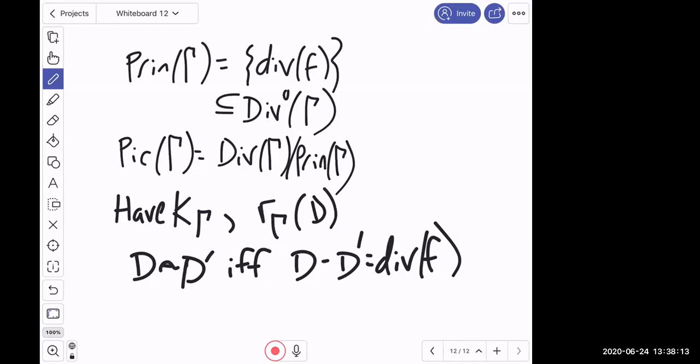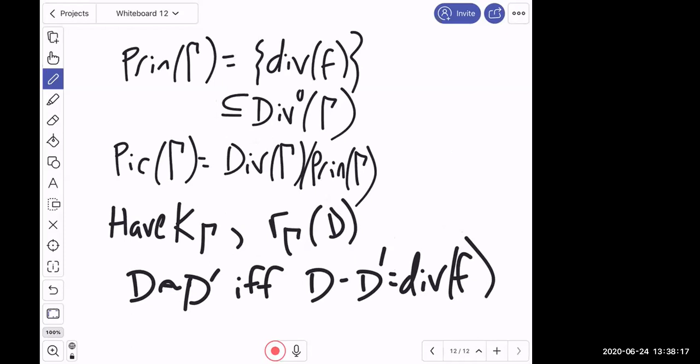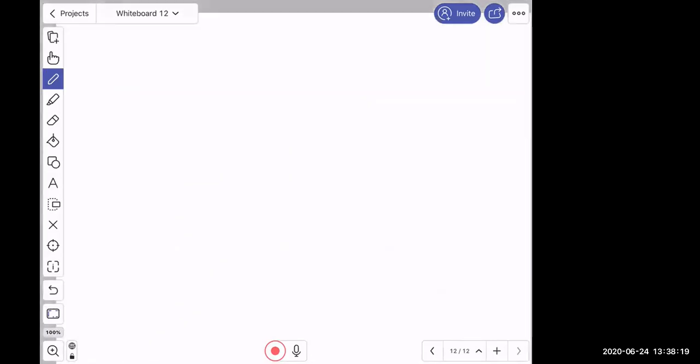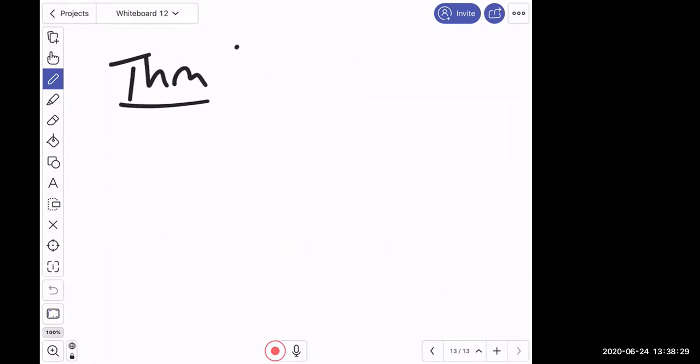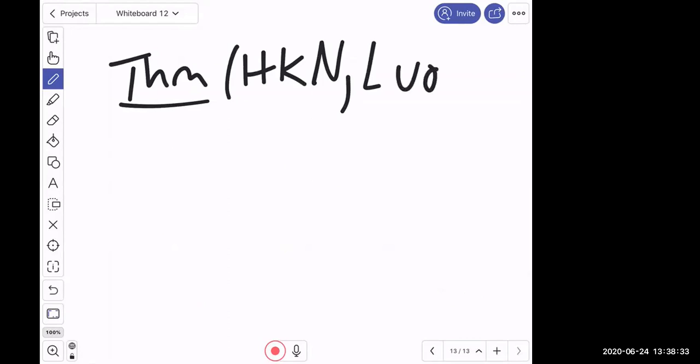Actually, what's not so obvious, I mean, it's easy to see that in the case of graphs, this specializes the previous definition of linear equivalence, but what's harder is to check that the rank is well behaved. So here's the theorem originally due to Hladký, Kral, and Noren, and then a generalization was given by my student Yi Luo.